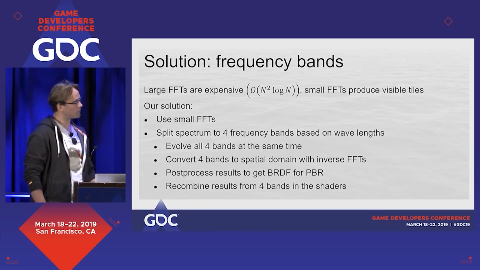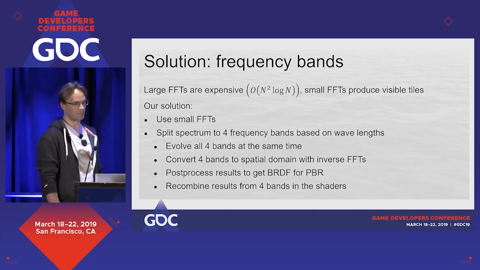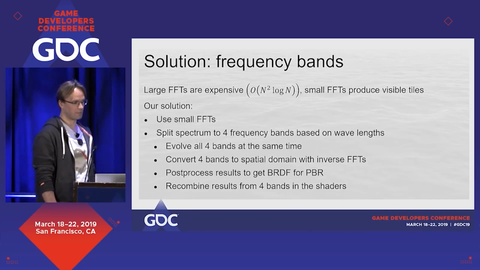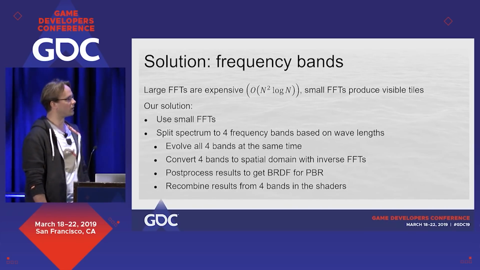So to simulate the ocean surface in this case, we split our spectrum. We evolved the frequency band in the frequency space independently, and then we just convert the simulation results back to the spatial domain using the inverse FFT steps.